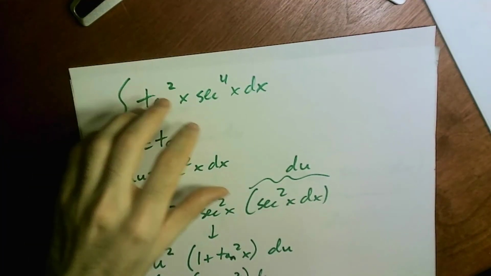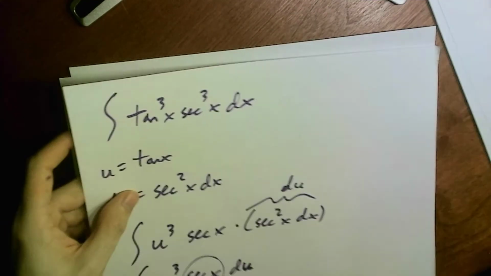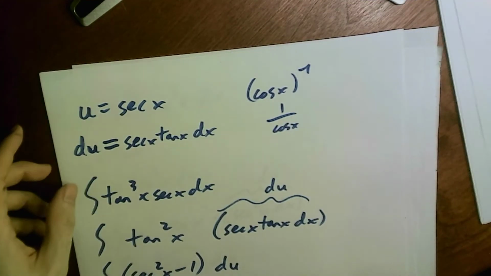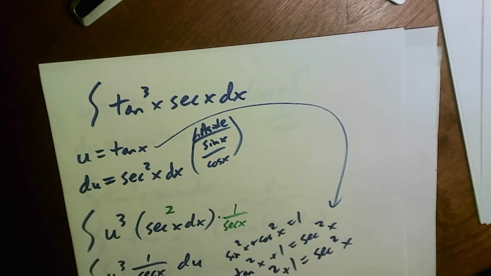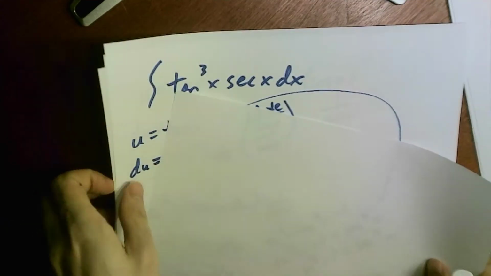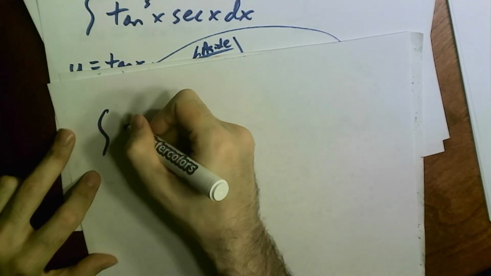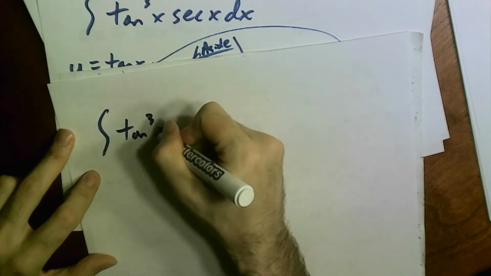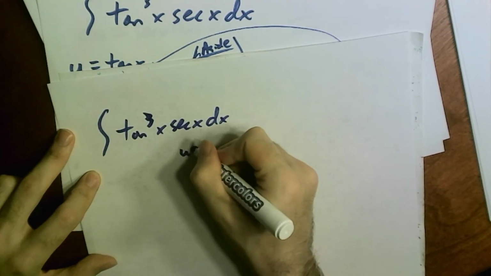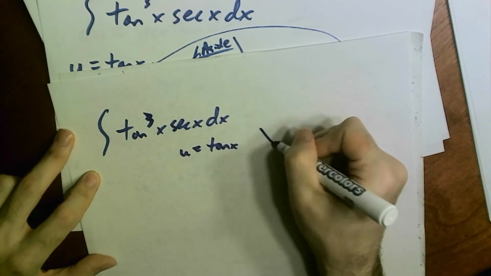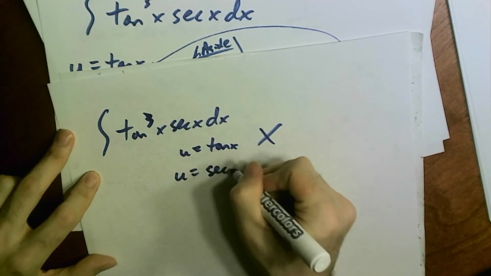So what do we figure out here? Let's summarize. Let's put this all on one page and summarize. The first new one we did, the first one with new trig functions, with tangent and secant, is that we talked about the integral of tangent cubed x secant x dx, and we found that the u sub of tangent was bad and the u sub of secant was good.